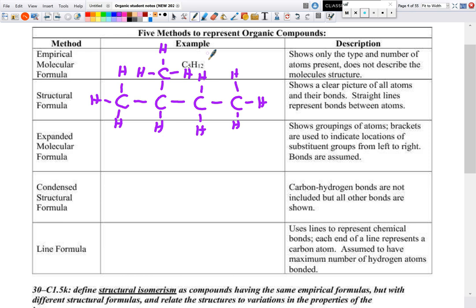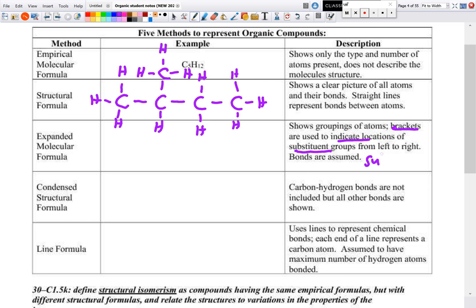Now, when we look at the expanded molecular formula, this shows grouping of atoms, okay? So grouping of atoms would be like CH3, that's a group right here, because carbon, if you remember the word, is a central atom, right? It has a shape around it. So it shows grouping atoms, and brackets are used to indicate locations of substituent groups from left to right.